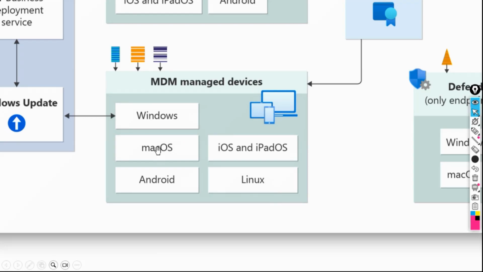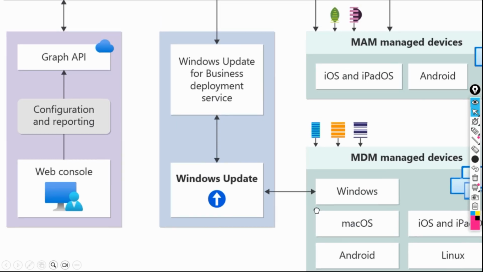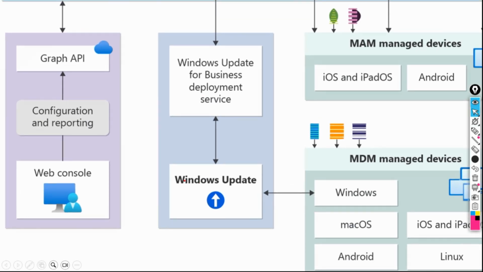We can do it on Linux devices. All right. Then the next thing we can do, for your Windows devices, now you don't need to be dependent on any third party for Windows update, or do it on a manual basis. You needn't go to the Microsoft catalog and download the latest updates and do it. Or maybe if you're using WSUS, which is Windows Server Update Services, we do not need to use any of those things.